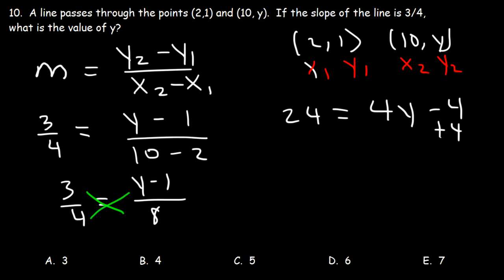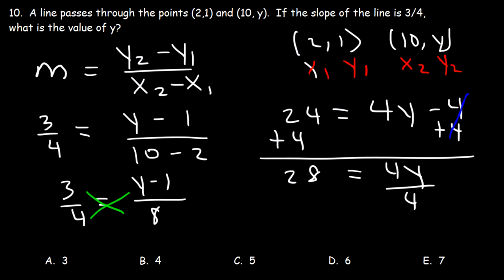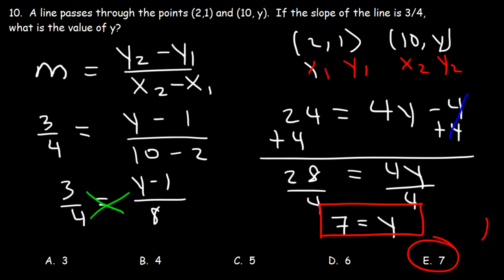So now let's add 4 to both sides. Negative 4 plus 4 adds up to 0. 24 plus 4 is 28. Now our next step is to divide both sides by 4. 28 divided by 4 is 7. So the missing y value is 7, which means E is the right answer.